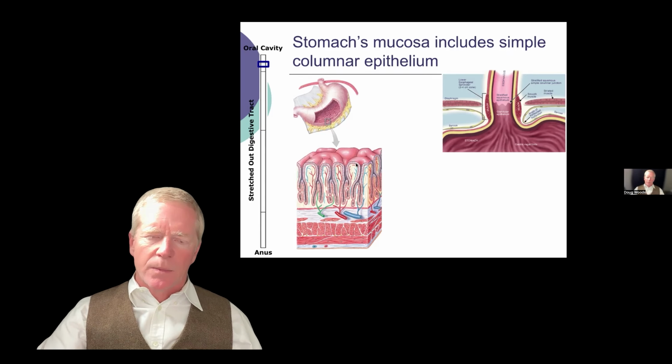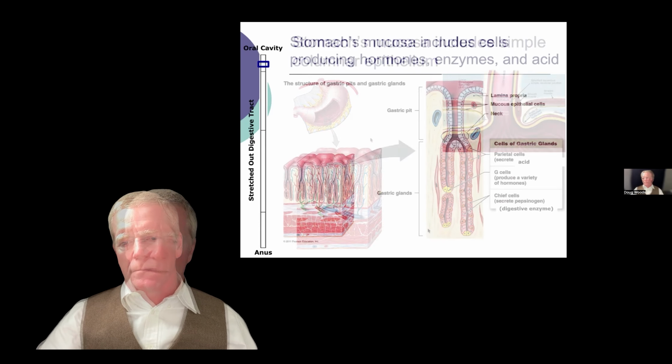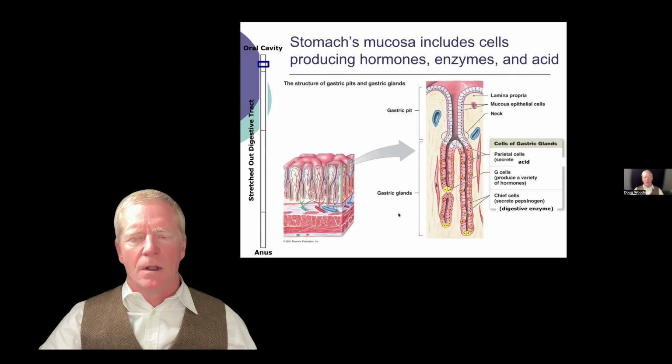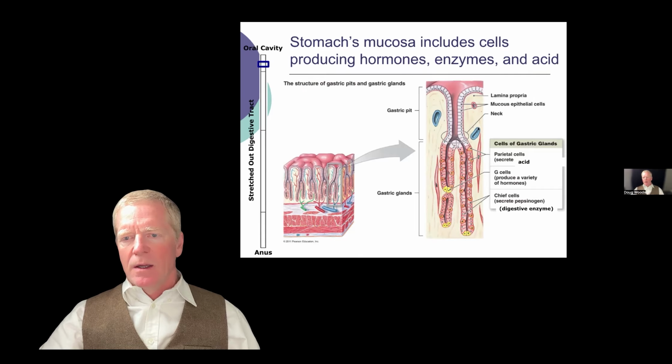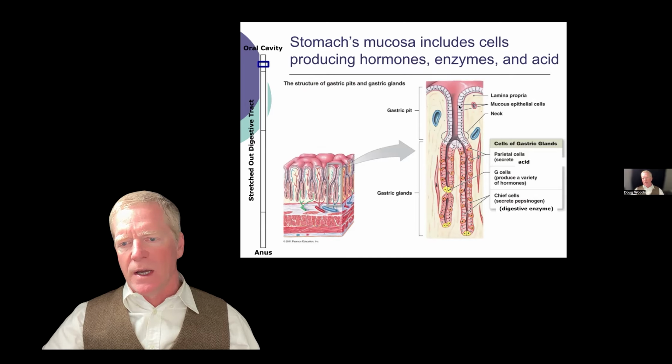Okay, let's go even closer. Now we're looking at just one of these ridges, or the sides of one of these ridges, if you like. Here are mucosal epithelial cells, and then the neck of the rugae here.